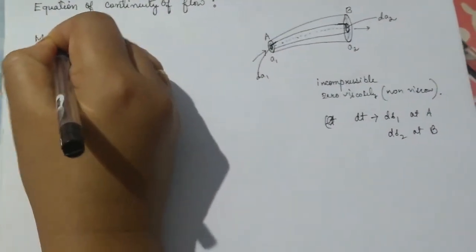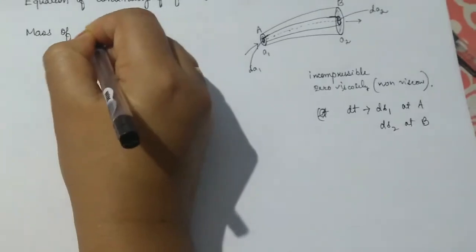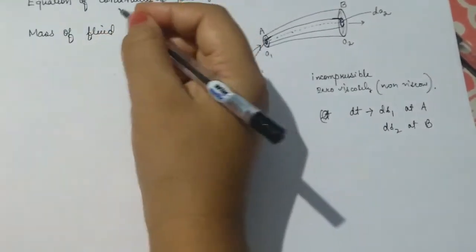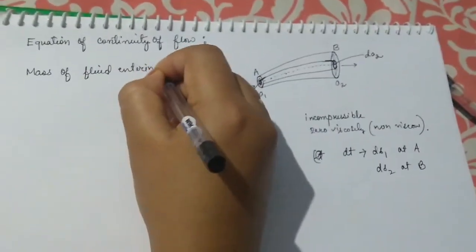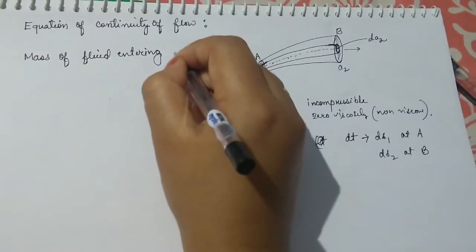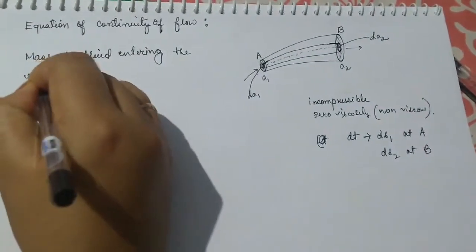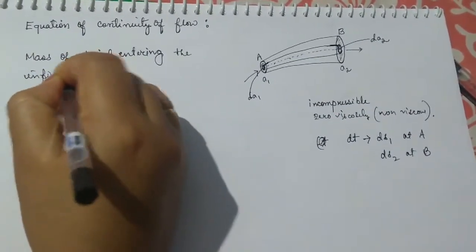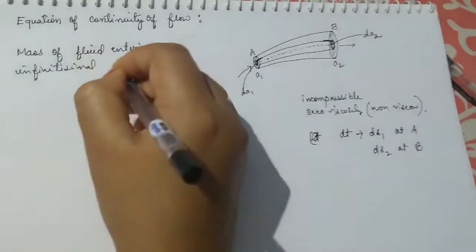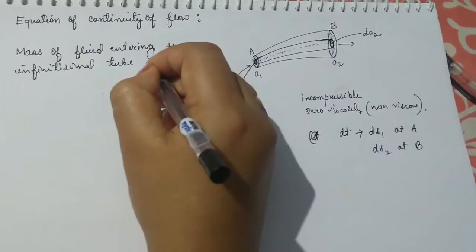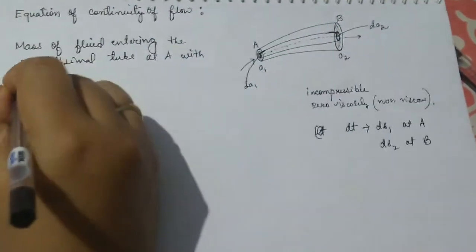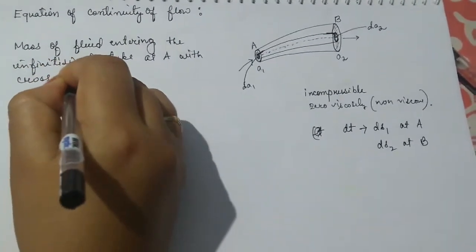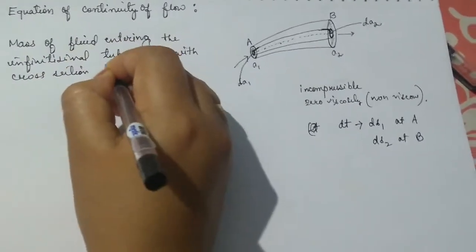Now if I ask you what is the mass of fluid entering the infinitesimal tube at A with cross section dA1?